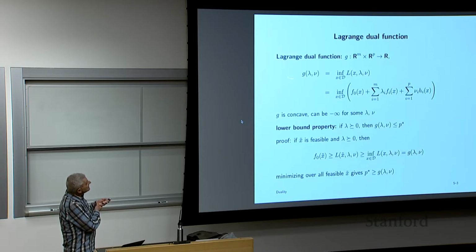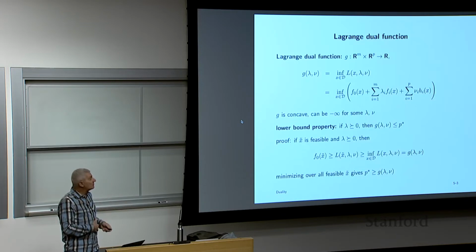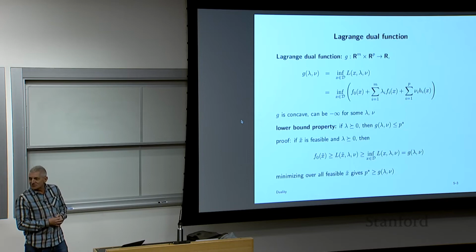Okay, and so this thing is the least cost over all your choices with these Lagrange multipliers, which we'll later see interpreted as prices. So you minimize that, and whatever the minimum is, that's called the dual function. You saw something like that. It was a conjugate function.